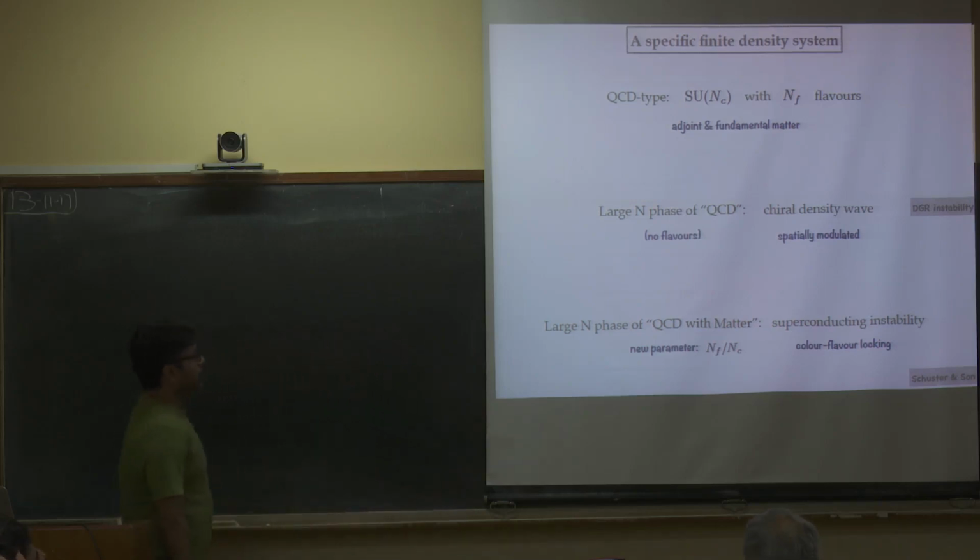One particular case in which you might be very interested in finite density systems, and this is very intriguing for many reasons, physical as well as experimental, is when you have a QCD type system, or QCD type Lagrangian, with essentially some SU(N_c) gauge theory with flavors, adjoints and fundamentals both. Why is this important or interesting? I don't think that requires more justification.